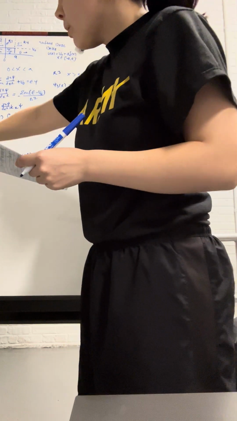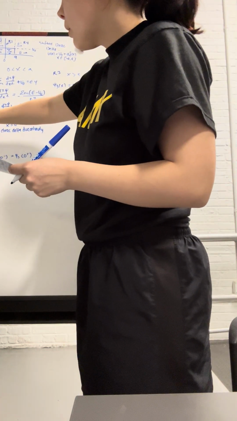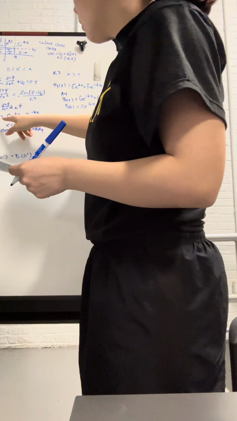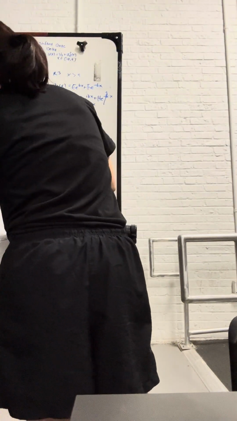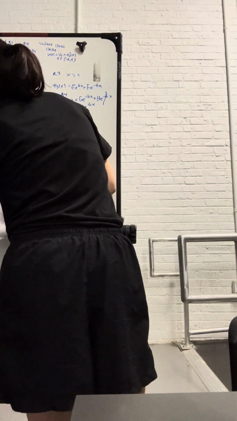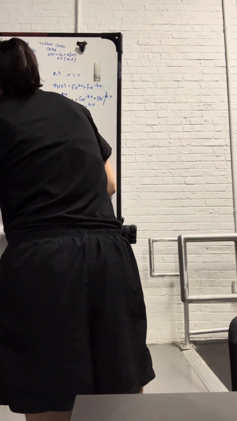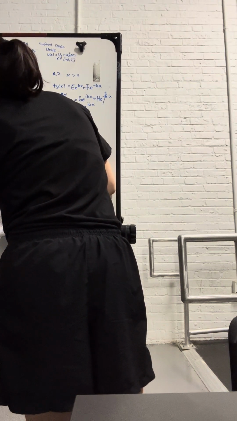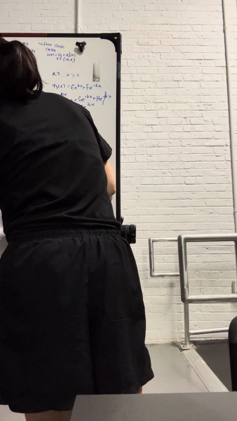Now, solving for our boundary conditions, it would be psi 1 equals psi 2, where psi 1 of negative a equals psi 2 of negative a.